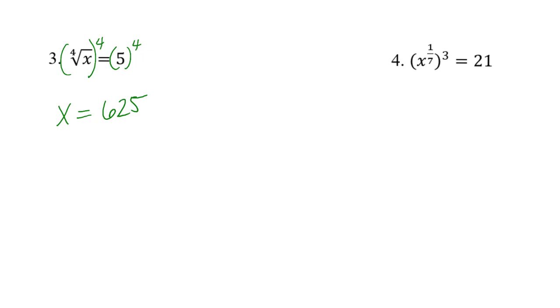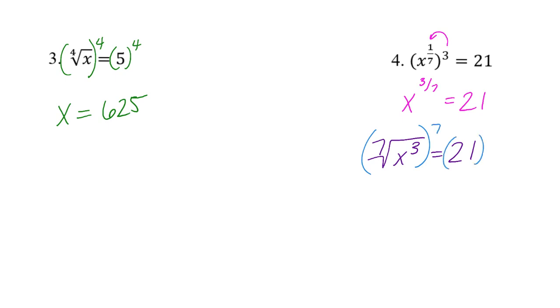Now on number 4, we actually need to take care of some exponent rules first. We want to go ahead and distribute this inside. So we're going to get x to the 3/7 equals 21. So then we want to rewrite that fractional exponent as the 7th root of x to the 3rd equals 21. Now to get rid of our 7th root, we raise it to the 7th power. So x to the 3rd equals, now 21 to the 7th power is a huge number, so we don't really want to type that into the calculator.